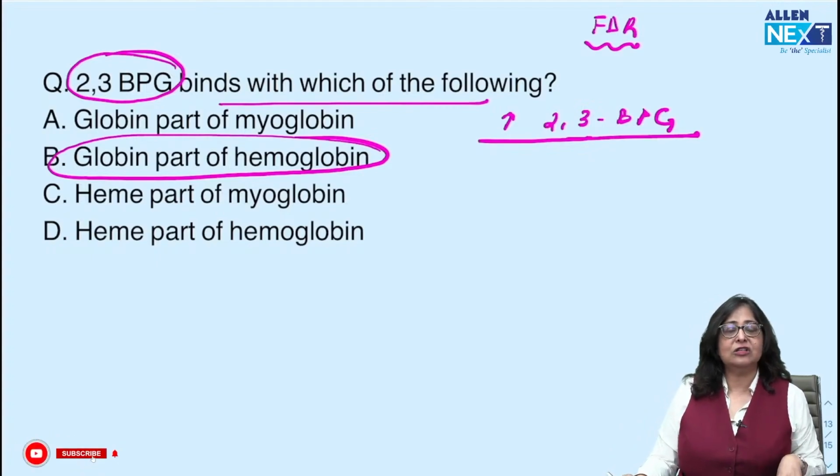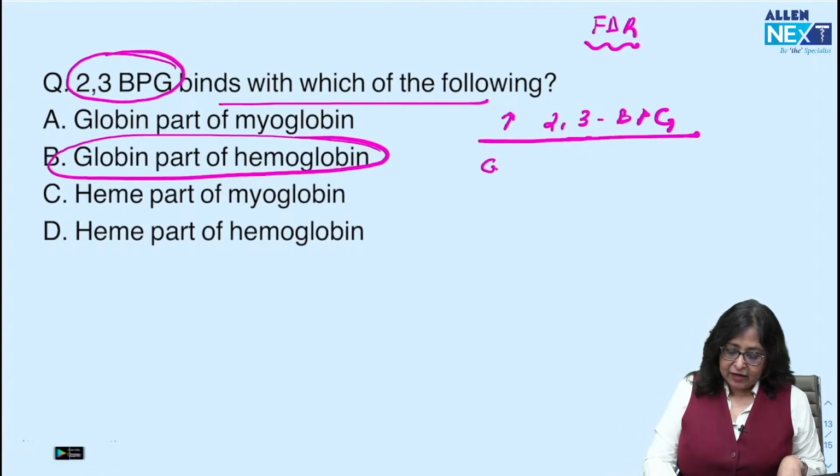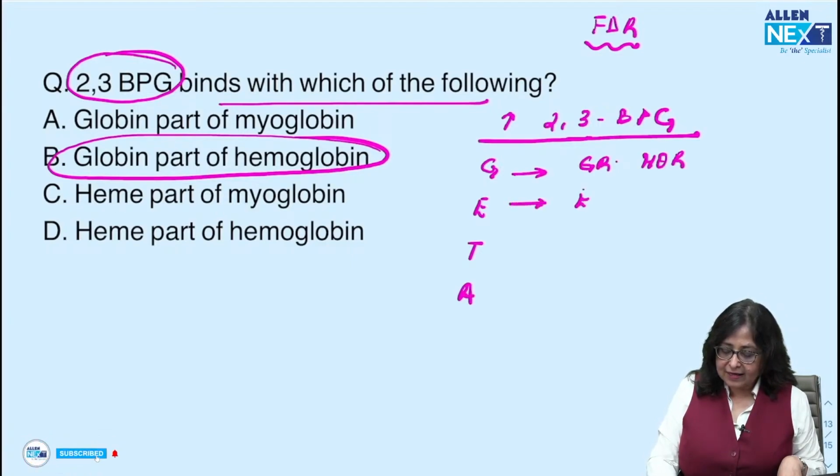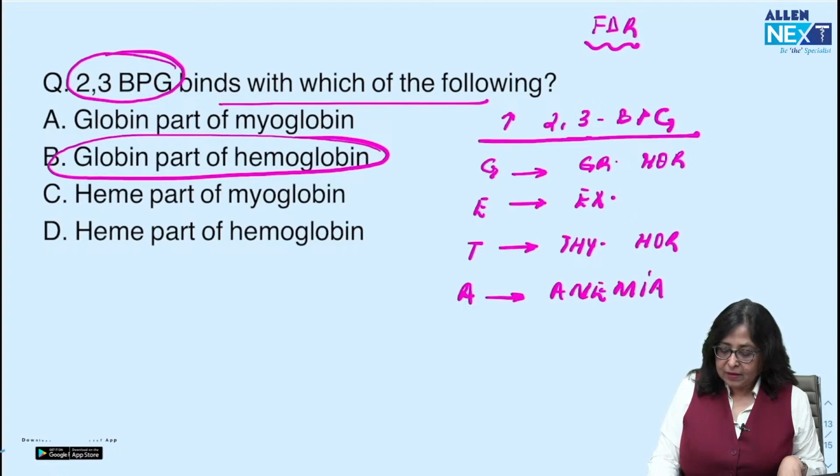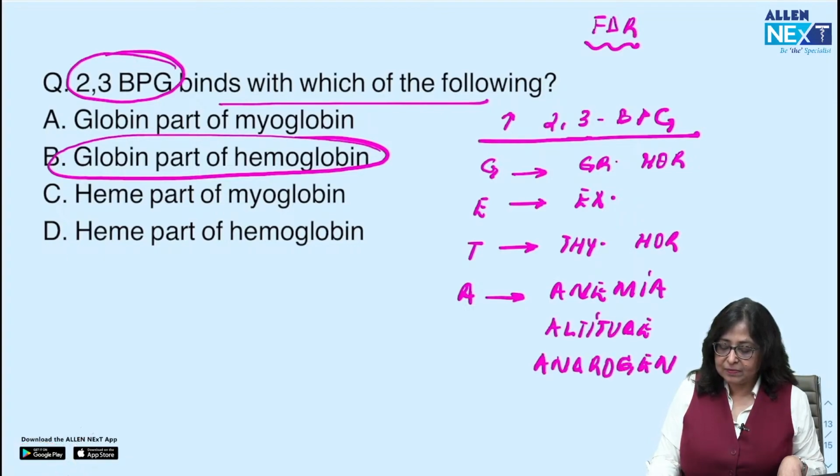And what are the conditions which can cause an increase in 2,3-BPG? Whenever there is excess of growth hormone, exercise, excess of thyroid hormone, anemia, high altitude, and whenever there is excess of androgens.